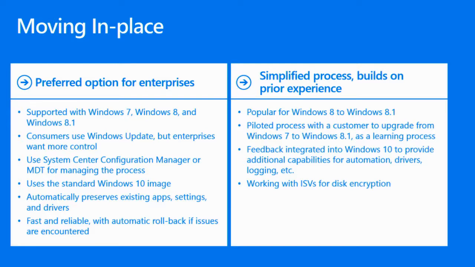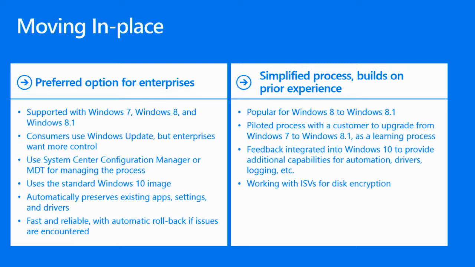So try it out on a group of machines. They can be running any of the supported OSs, 7, 8, 8.1. You would deploy it to the machines using System Center Configuration Manager, MDT, or even manually to run an automated process, setup.exe with a bunch of command line options. So that's what you do to initiate it.